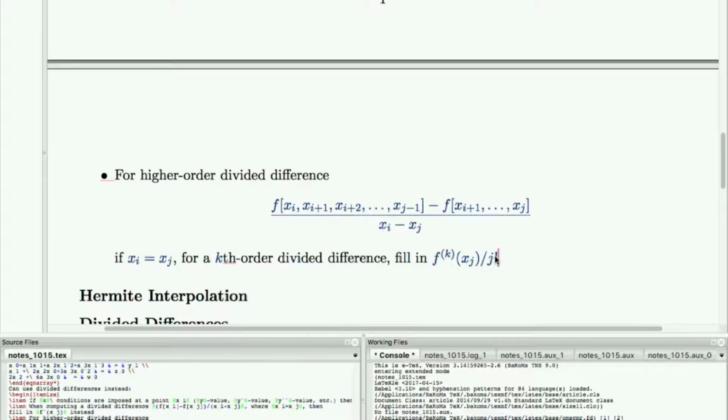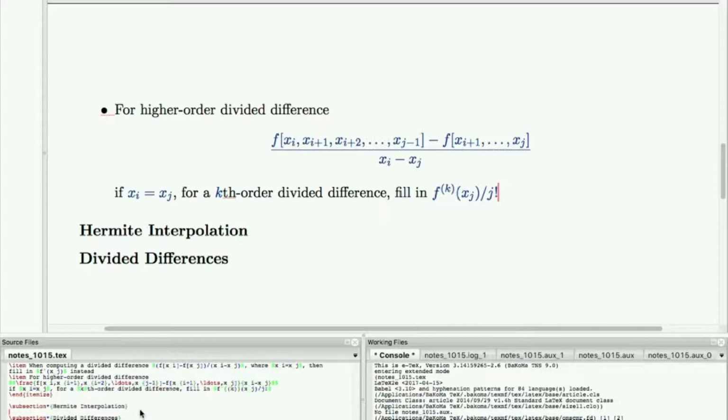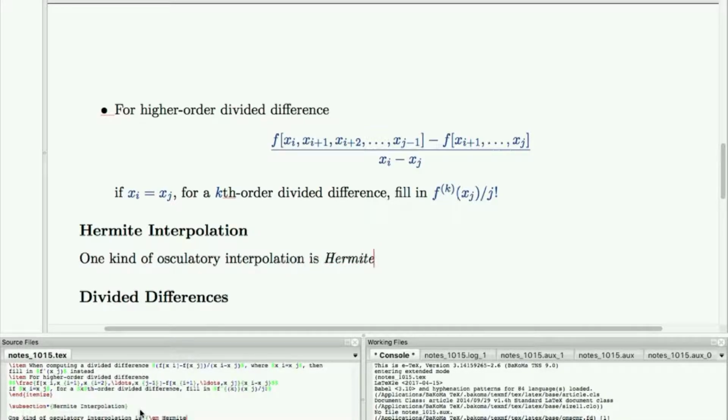Okay. Now, I will do an example, but for a particular kind of osculatory interpolation, that's called Hermite interpolation. People mistakenly pronounce it Hermite.